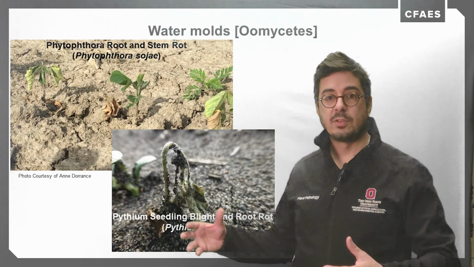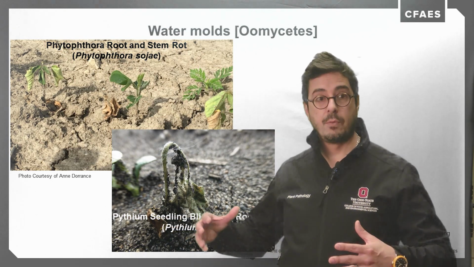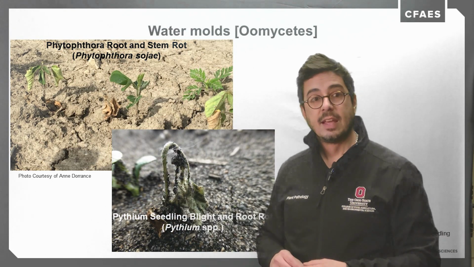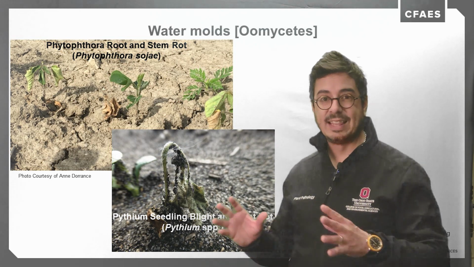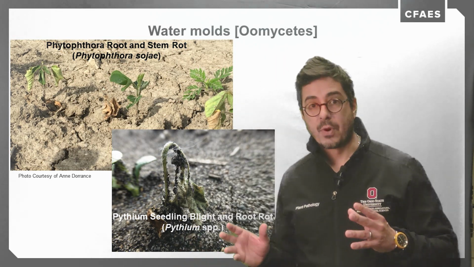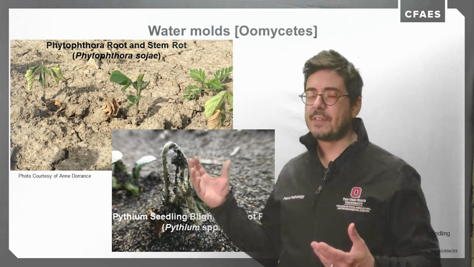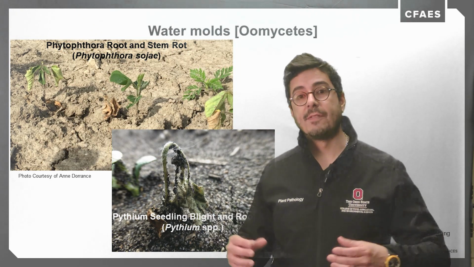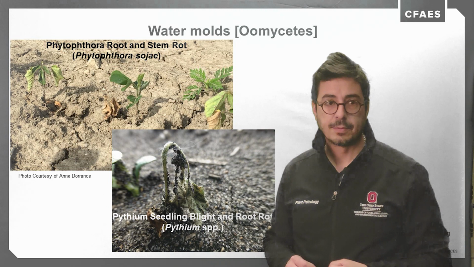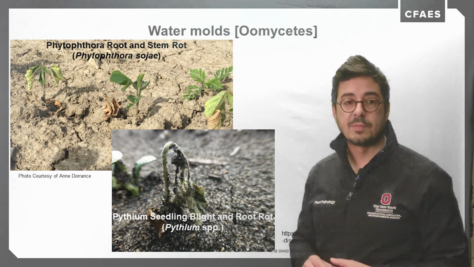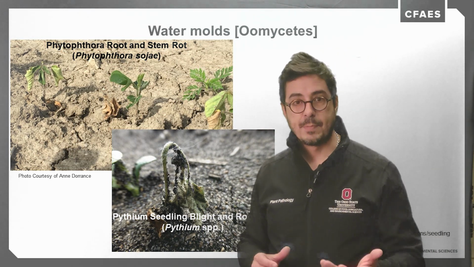Now, this is a good time to talk about other organisms, and we cover briefly the water molds when we're talking about selecting an adequate product. And these water molds are composed of mainly Phytophthora and Pythiums, even though we have other species. But the typical symptom that we will see in the field is damping off again.